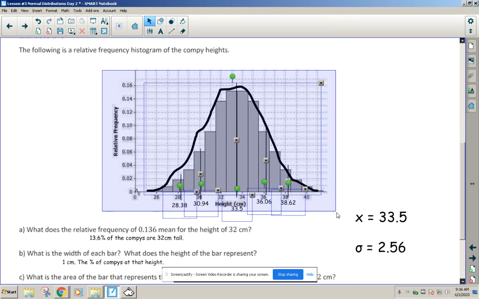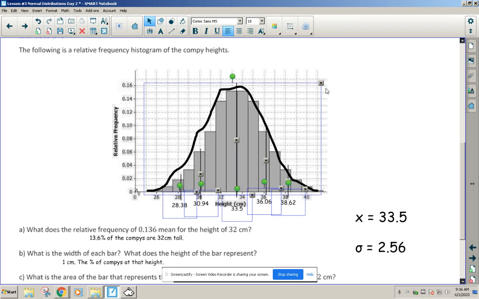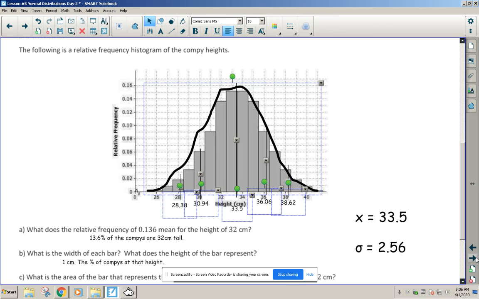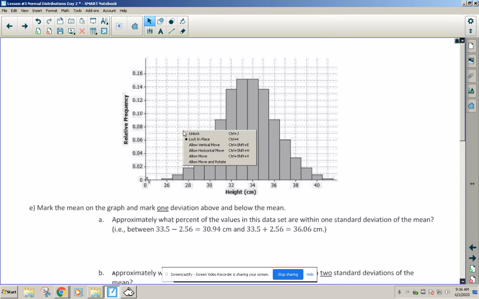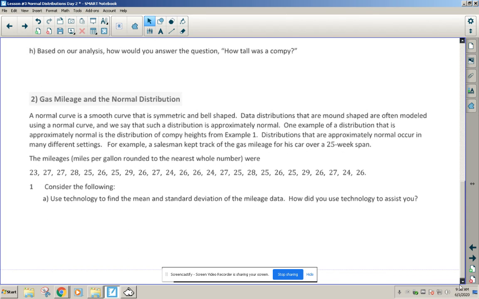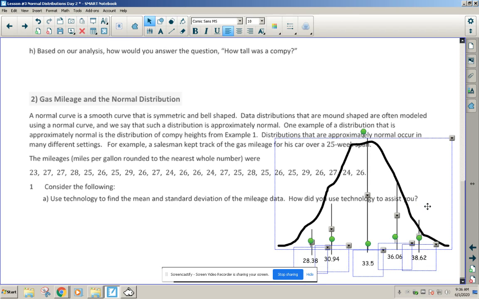So I'm just going to copy and paste. Whoops. It won't copy and paste on the smartboard if you're on a page. So let me get to the bottom, paste.